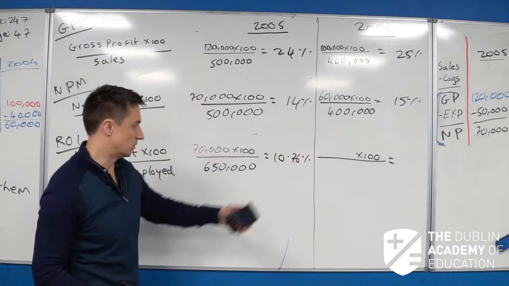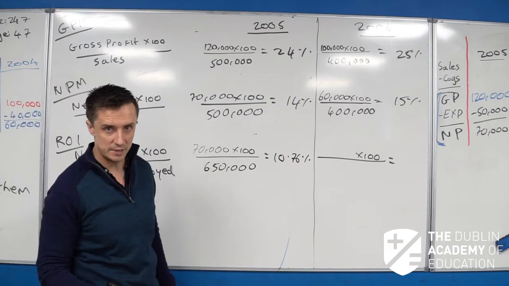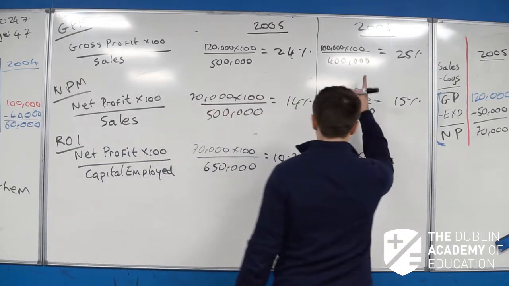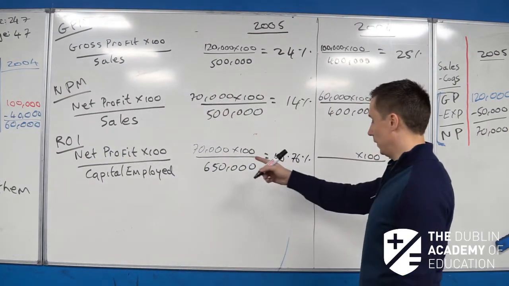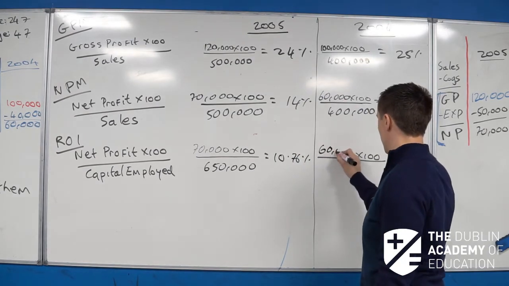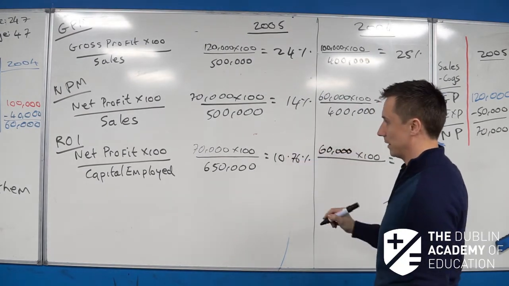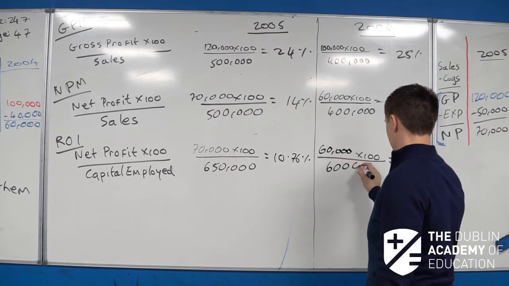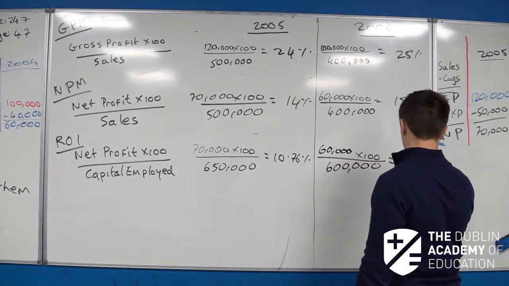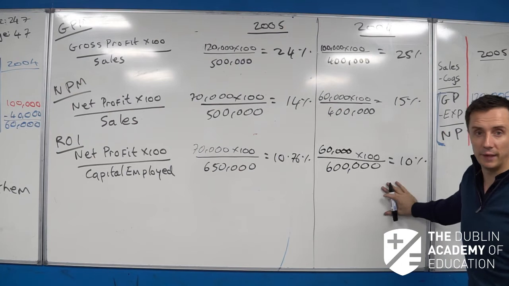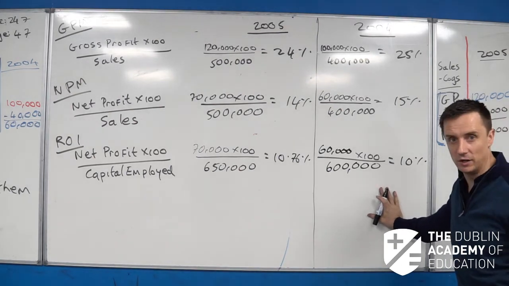Okay, so round off to your assessment, you get 10.76%. And then in 2004, the net profit was 60,000, and the capital employed was 600,000. Much easier there. That gave us 10%. Okay, so there are your answers. That's all the calculations part.